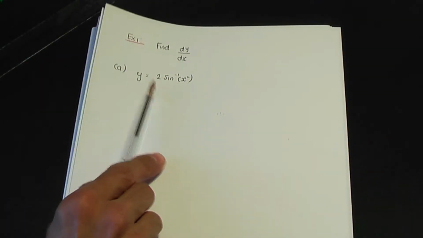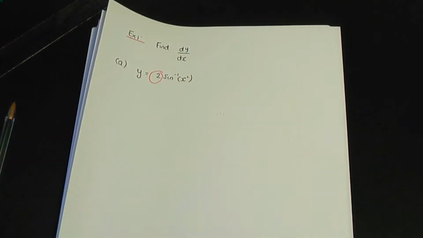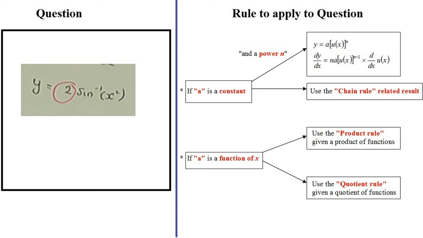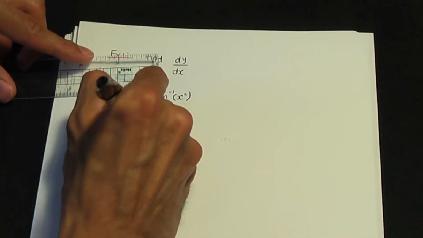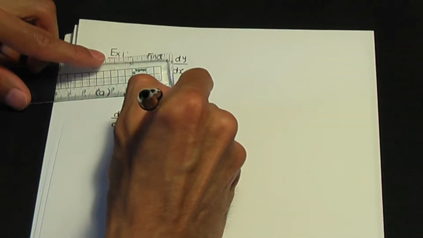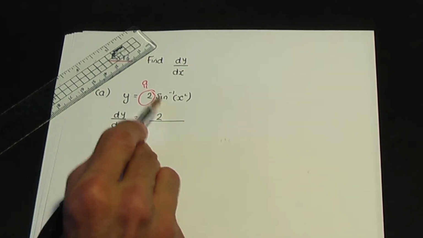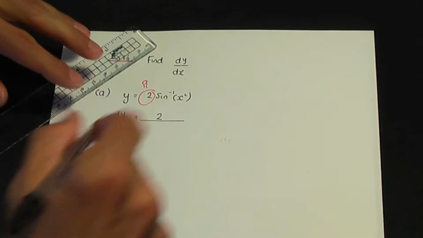So let's have a look at this one here. First of all, I'm looking at the term in front of the function. The term in front of the function, a, is 2. 2 is a constant, so we can use the chain rule related results. So dy by dx is equal to, leave the 2 as it is, so it's a 2 over the root of 1 minus u squared. Remember the standard result for the inverse sine derivative.